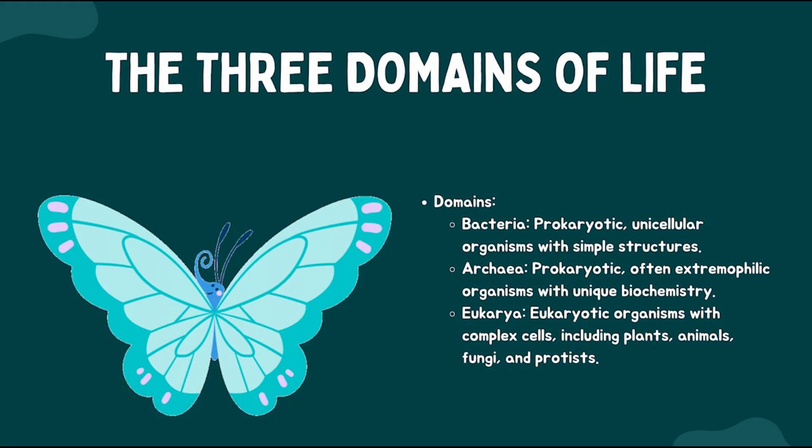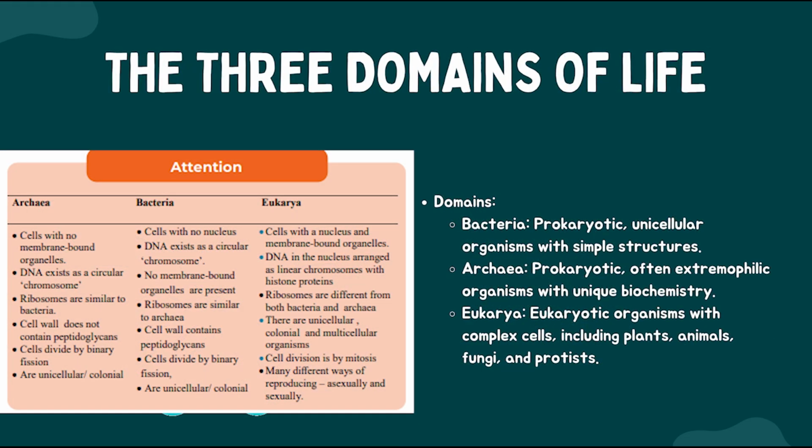The three domains of life. All living things fall into one of three major domains. The first one is bacteria, which are simple single-celled organisms with no nucleus. The second one is archaea, also single-celled, but they live in extreme environments like hot springs and salt lakes.